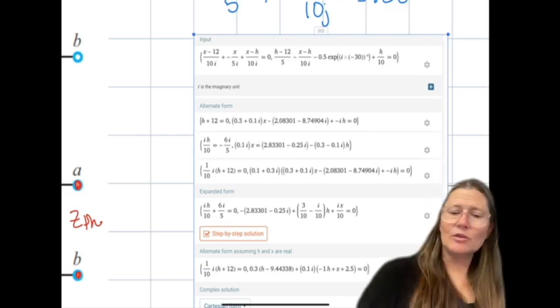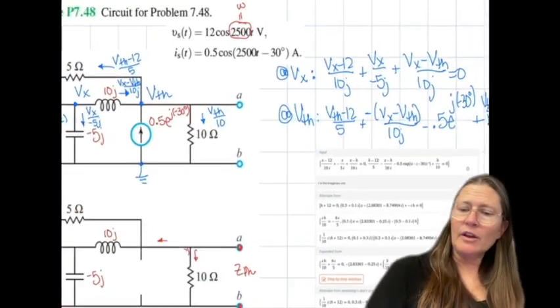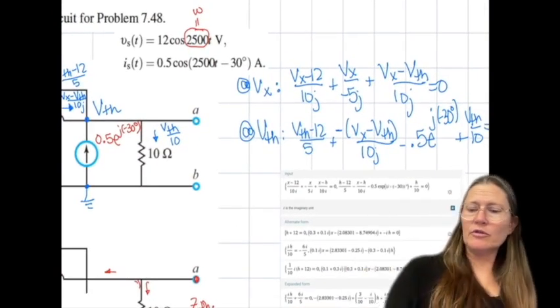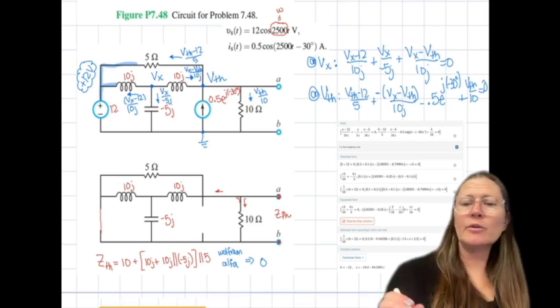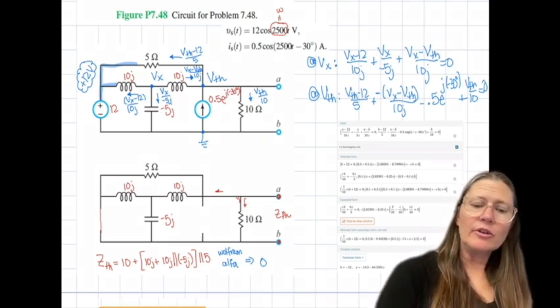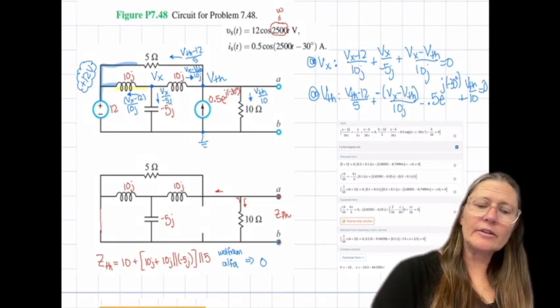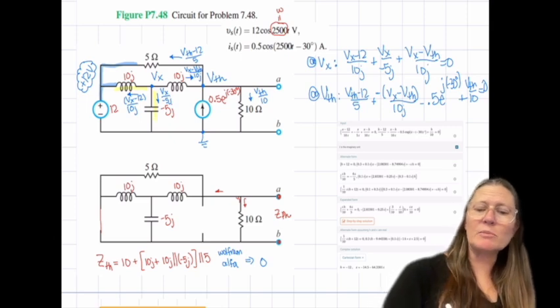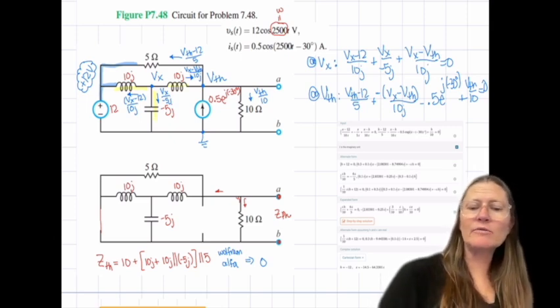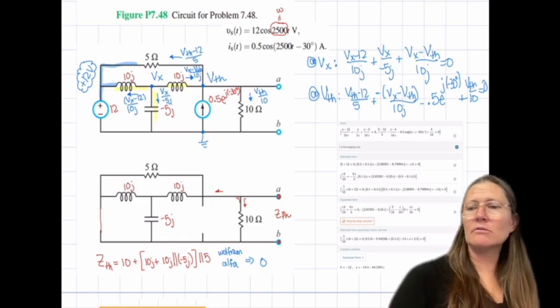All right, so using node voltage, I defined all the currents going in each branch. So at Vx, it's going to be this one, Vx minus 12 over 10j, this one, Vx over minus 5j, and this one, Vx minus VTH over 10j.